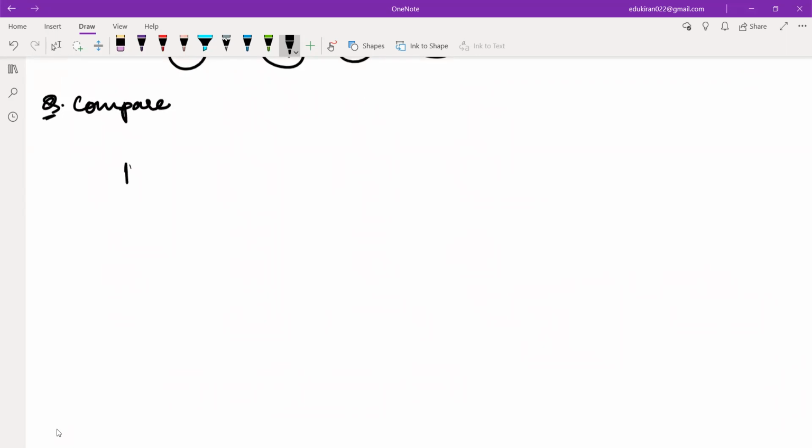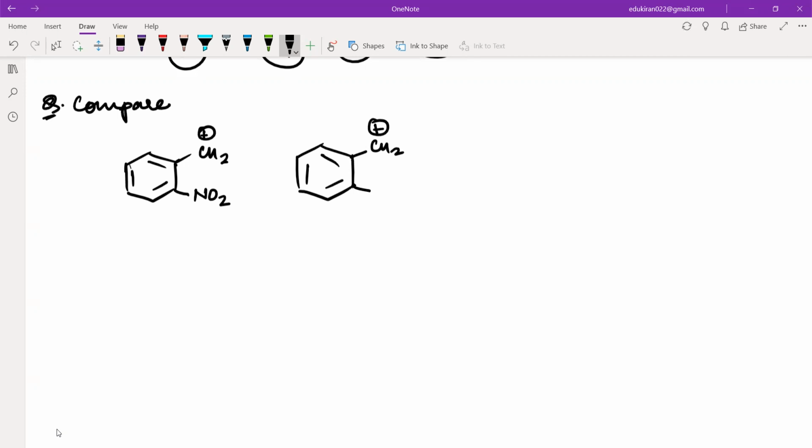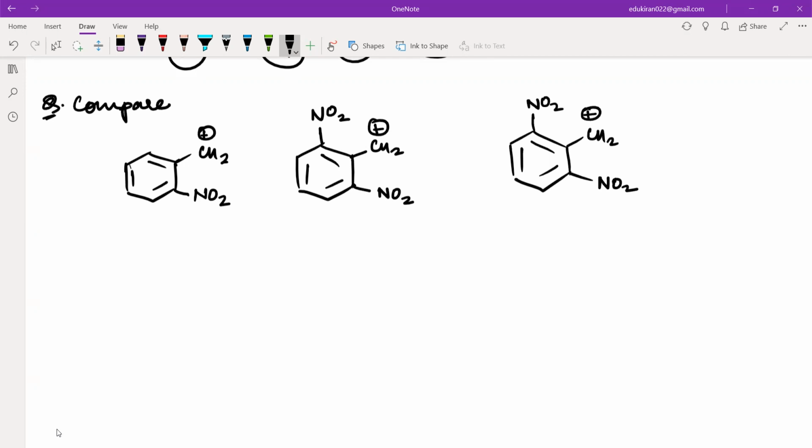So last comparison here. In all of these cases, I can say that this is minus M. This is also minus M. It's also minus M. But here I can say that all of them are effective because they are in ortho position.